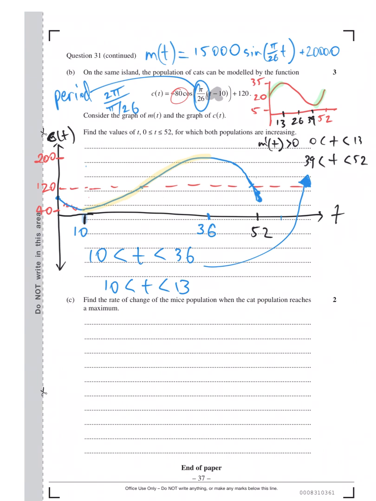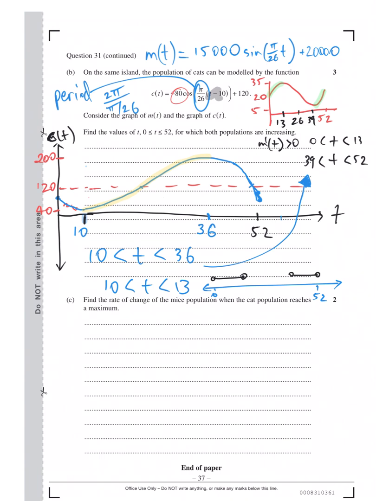Because this whole, I'm not even going to try to put them on the same set of axes just because the scale is so far off in the first place, 20,000 as my midline versus 120 for the first and second functions respectively. But even if I draw these on a number line between 0 and 52, that's 0 and that's 52, my first one in black here is going to be between 0 and 13, the first quarter, and the last quarter.